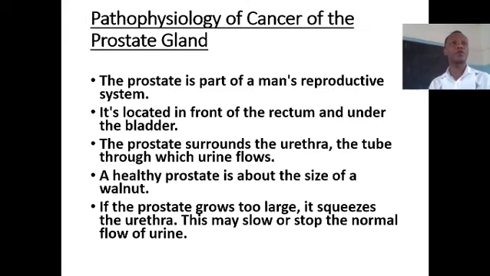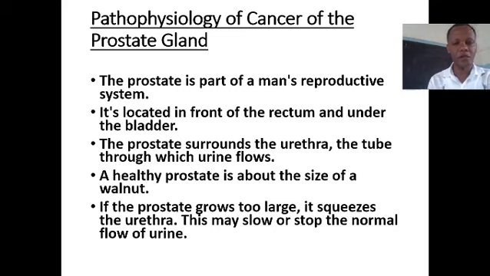Now the pathophysiology of cancer of the prostate gland. The prostate is part of the man's reproductive system, and as I have said, it is located in front of the rectum and under the bladder. The prostate surrounds the urethra, the tube through which urine flows.